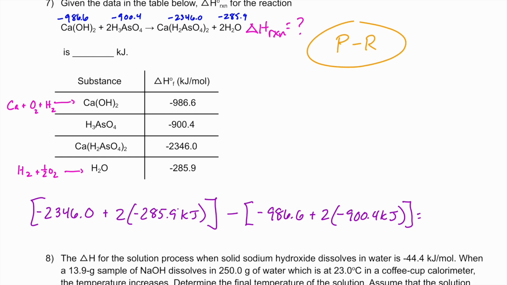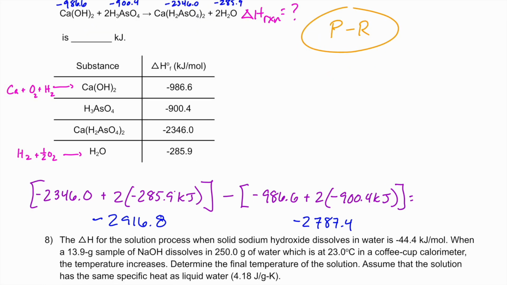It's not a bad idea to write down what you get for each one, just to make sure it's not getting flooded and you're making some mistakes. So that's the amounts in the products and the reactants. So when it's all said and done, the overall enthalpy change is negative 130.4.